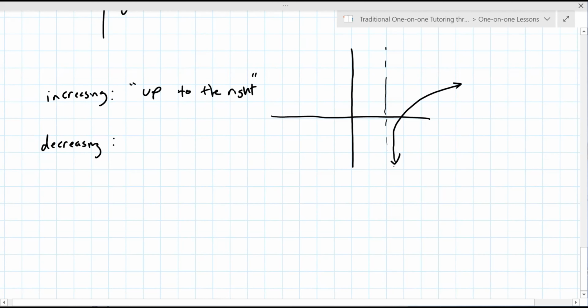Do you see how this graph is always going up and to the right? So the answer is that it's always going to be either increasing or decreasing, one or the other. In this case, it's increasing when x is greater than 2. It's basically the domain, because it's always going up and to the right. Decreasing, none.